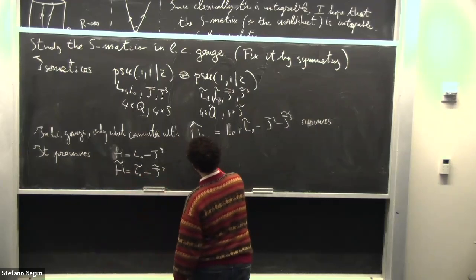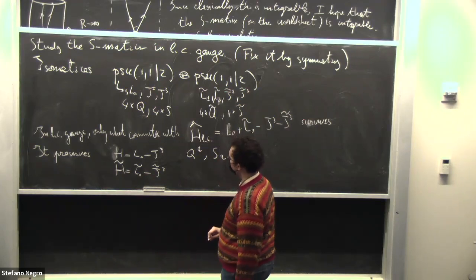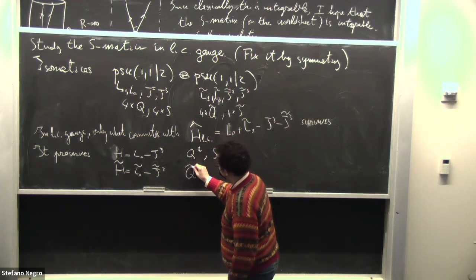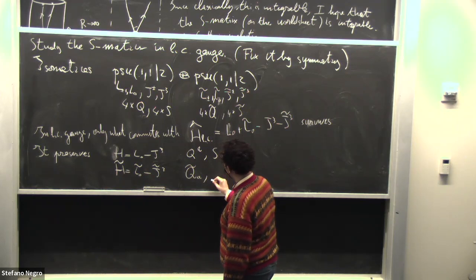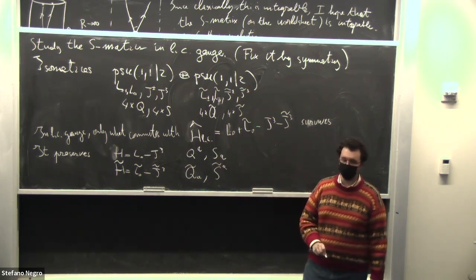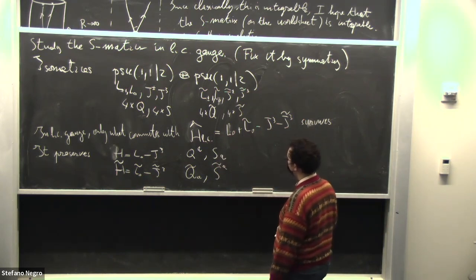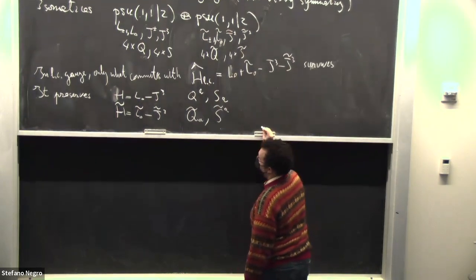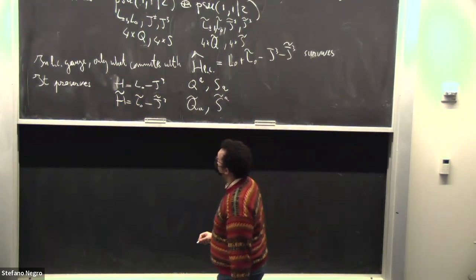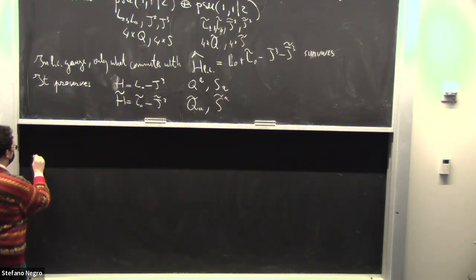And then a pair of Q's, which I call QA, a pair of S's, which I call SA, a pair of Q tildes, and a pair of S tildes. So this is all that is preserved by this guy here. Let me give you the algebra that these objects form.